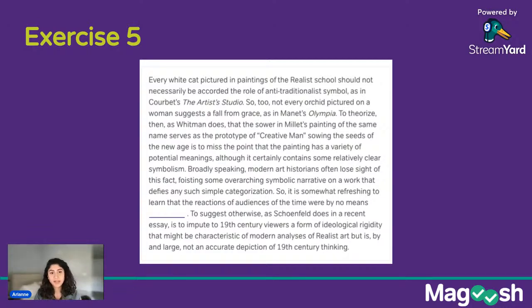We're talking about how modern art historians, aka the experts, see art in one way, and then they create a symbolic narrative that pretty much puts the paintings or the art in one little box, right?